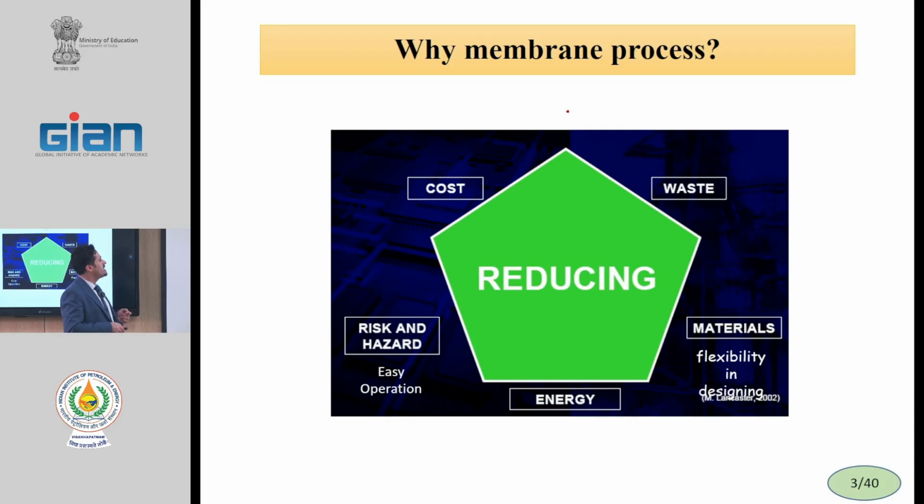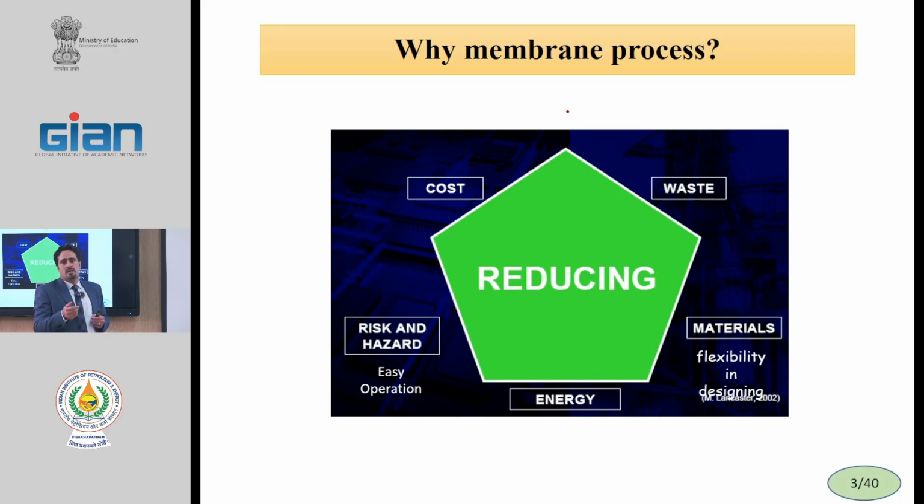Another reason is flexibility in design. Membranes need very little space, and we can compact the modules and pressure vessels in a very small space. We can put the membranes up or to the right and left, vertical or horizontal, and we can change the design.